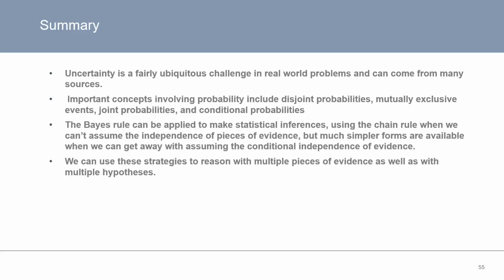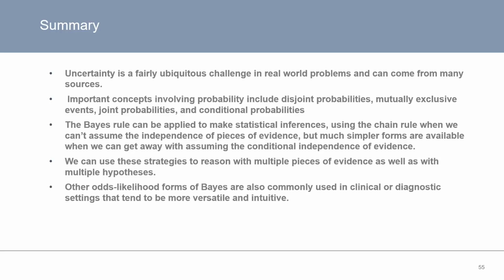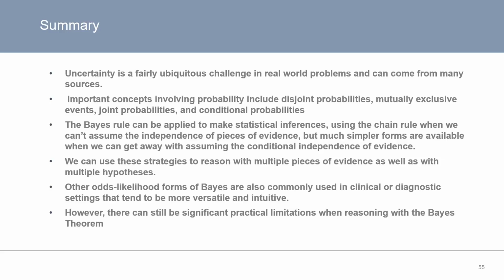We can use these strategies to reason with multiple pieces of evidence as well as multiple hypotheses. Also, other odds likelihood forms of Bayes are also commonly used in clinical or diagnostic settings that tend to be more versatile and intuitive. However, there still can be significant practical limitations when reasoning with the Bayes theorem.